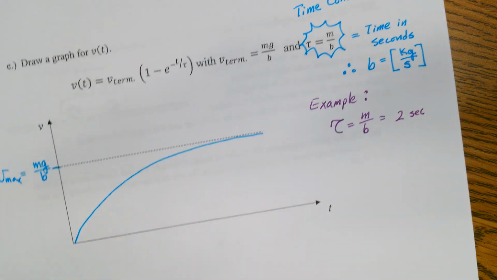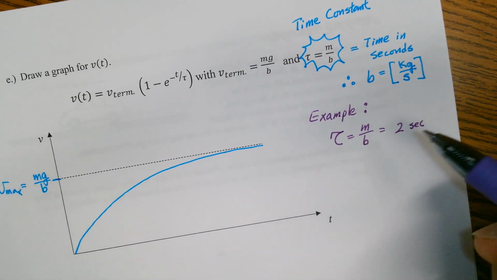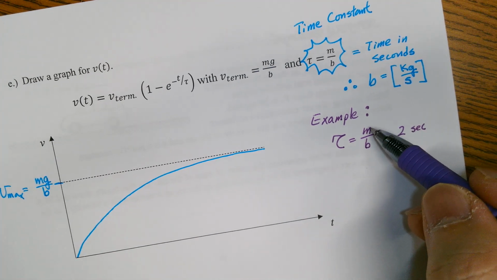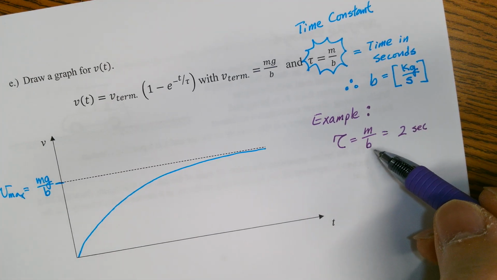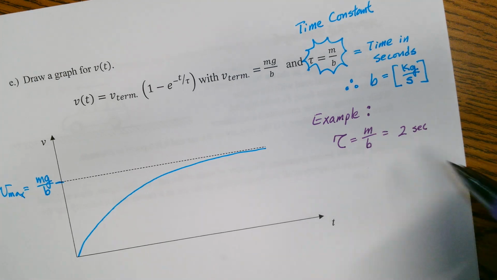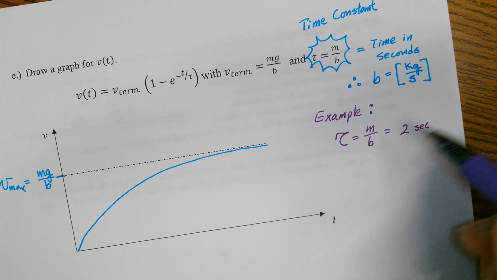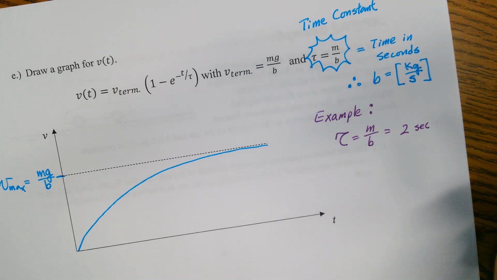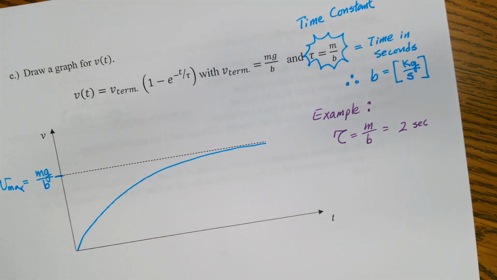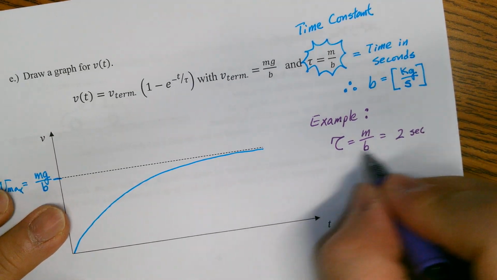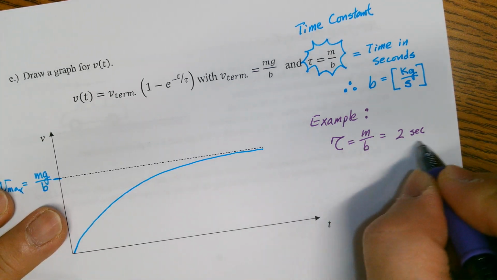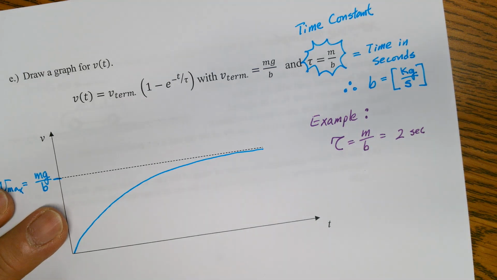So if we know the mass of the cat, let's say maybe 10 kilograms, that's a large cat, and then b is 10 over 2, which is 5. Then our tau becomes 2 seconds. So this factor is pretty much constant. This is the time constant. So this 2 seconds will never change.